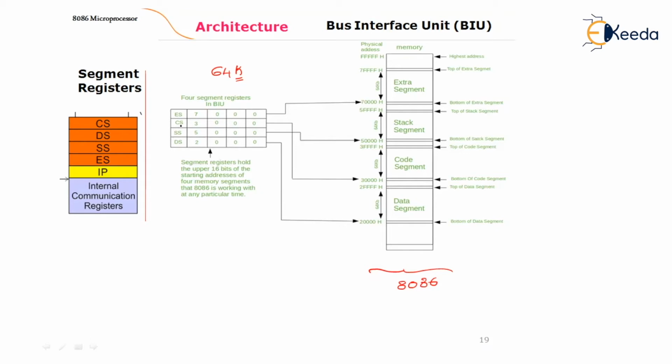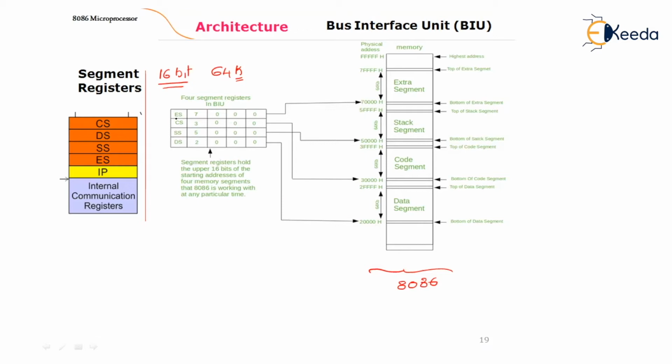Similarly, CS is going to hold the code segment's starting address. The stack segment's starting address is 5000. Similarly, the data segment's starting address is 2000, which is going to be held. Now I just want to add something more to it. These registers are just 16-bit, but one main memory address is 20-bit.